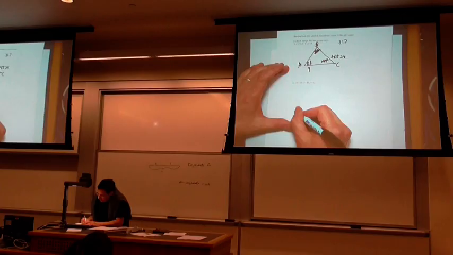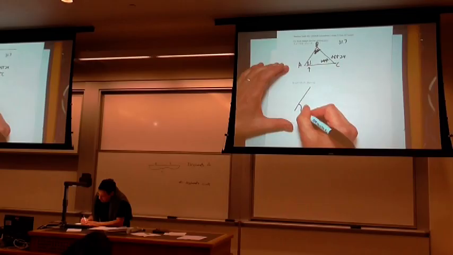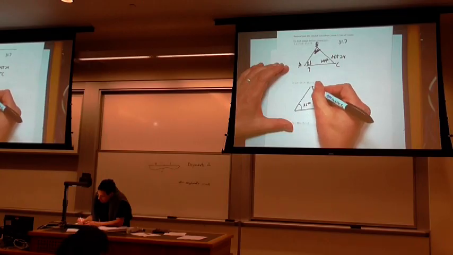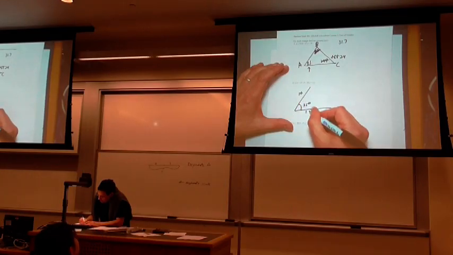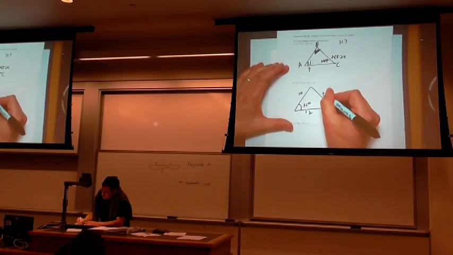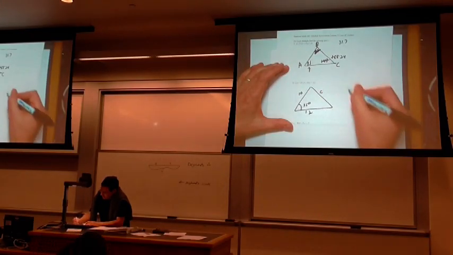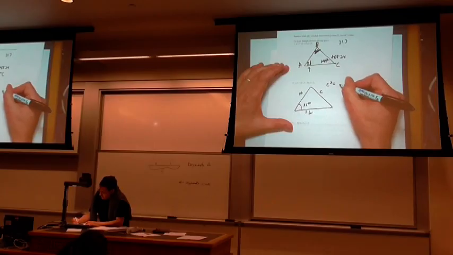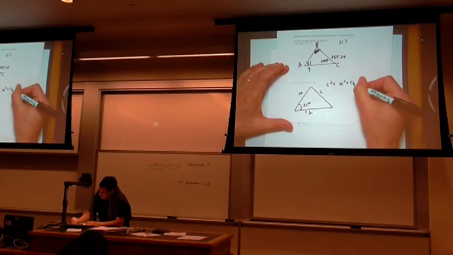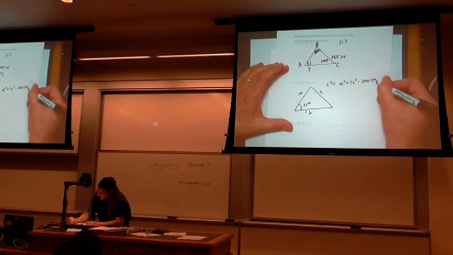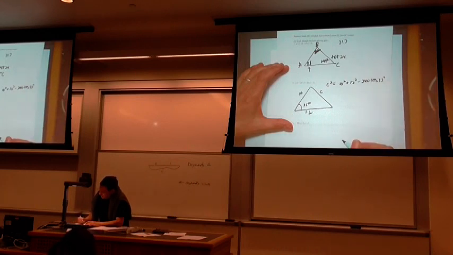Okay, in this problem, we have a 35-degree angle and sides 10 and 12, right? So I want to first find this side. I'm going to call it C. So C squared is going to equal 10 squared plus 12 squared minus 240 cosine 35 degrees.